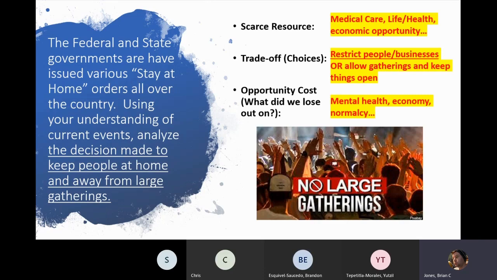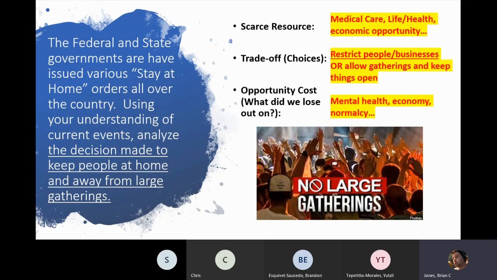What's scarce? The capacity of the hospitals. Oh, very good. So yeah, that's one of the reasons why they don't want a lot of people to go out and infect themselves, because of medical care. So that's what he was talking about there, the capacity of the hospitals. The medical care is scarce.